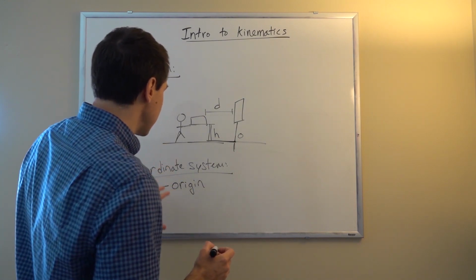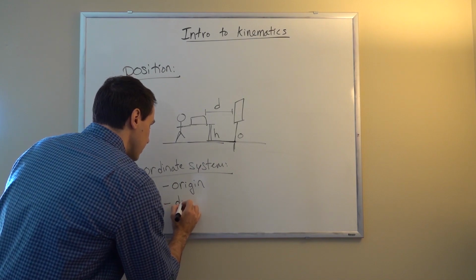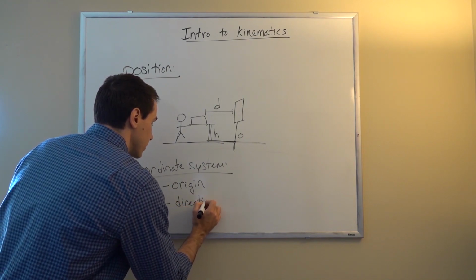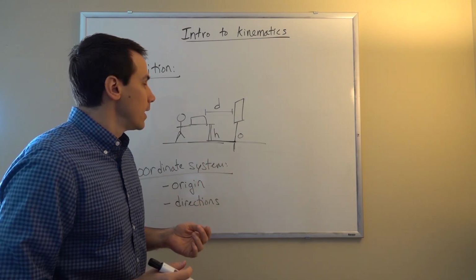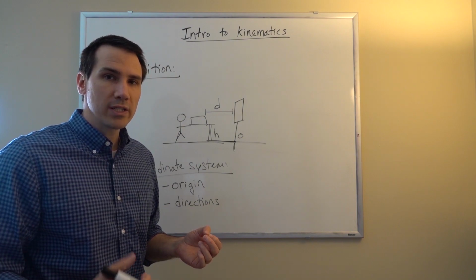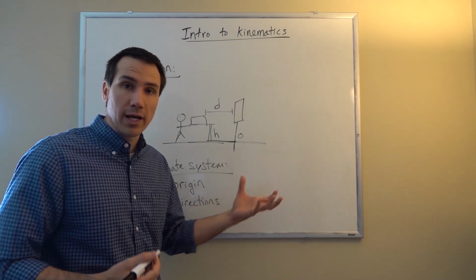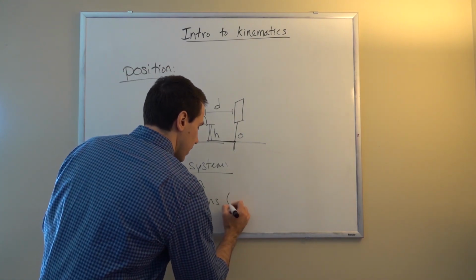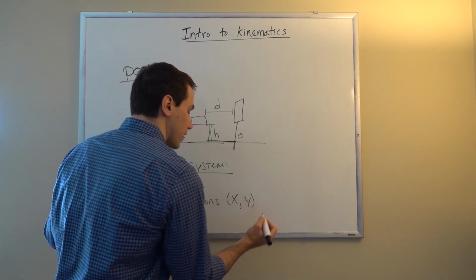So your coordinate system needs an origin and it needs directions. That is up, down, left, right. And in general, we associate directions with either, say, x and y coordinates, right? So you could say, I need to be able to move in the x direction, and I need to be able to move in the y direction.